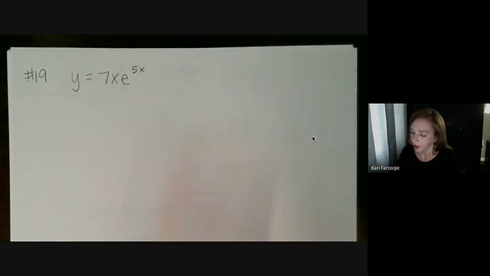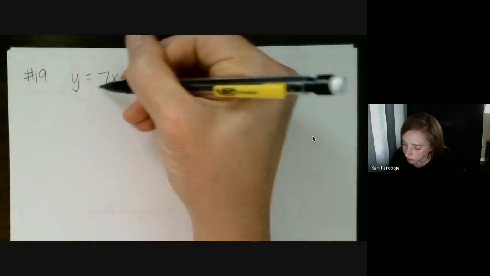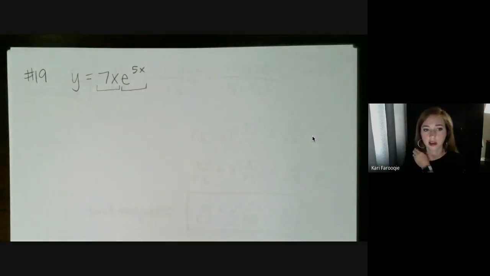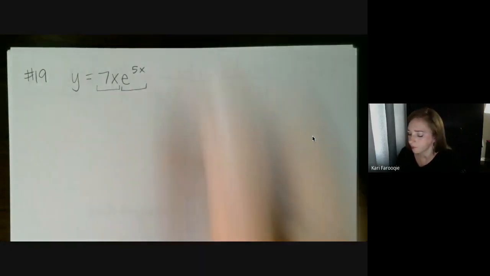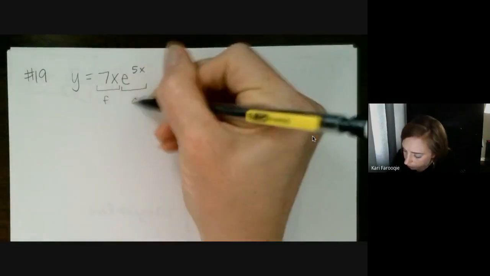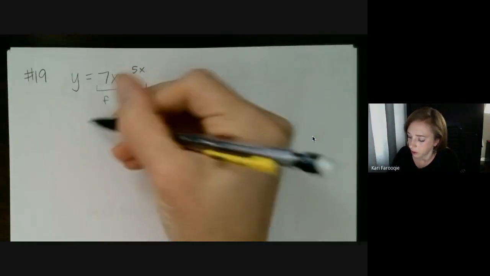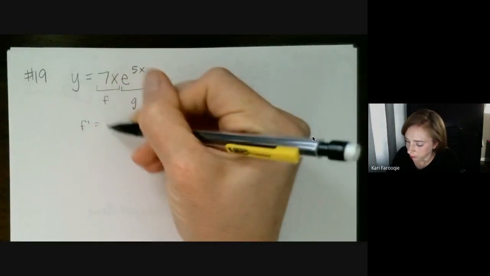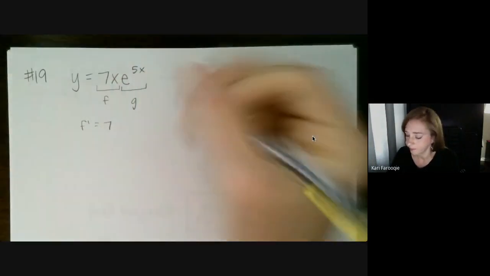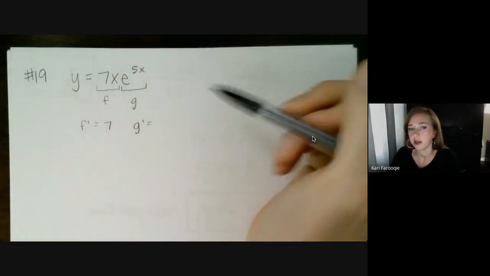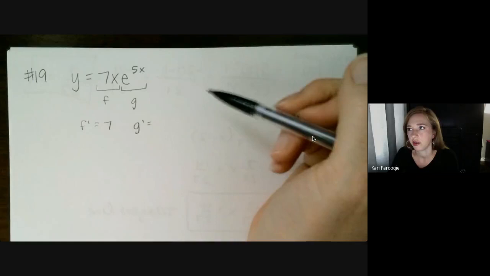Okay. So you're going to be using the product rule here and split this up into two factors, 7x and e to the 5x. If you want to call one of them f and one of them g. Good. So f prime would be 7. And g prime, remember it's like you're taking e to the x, but you have e to the 5x.